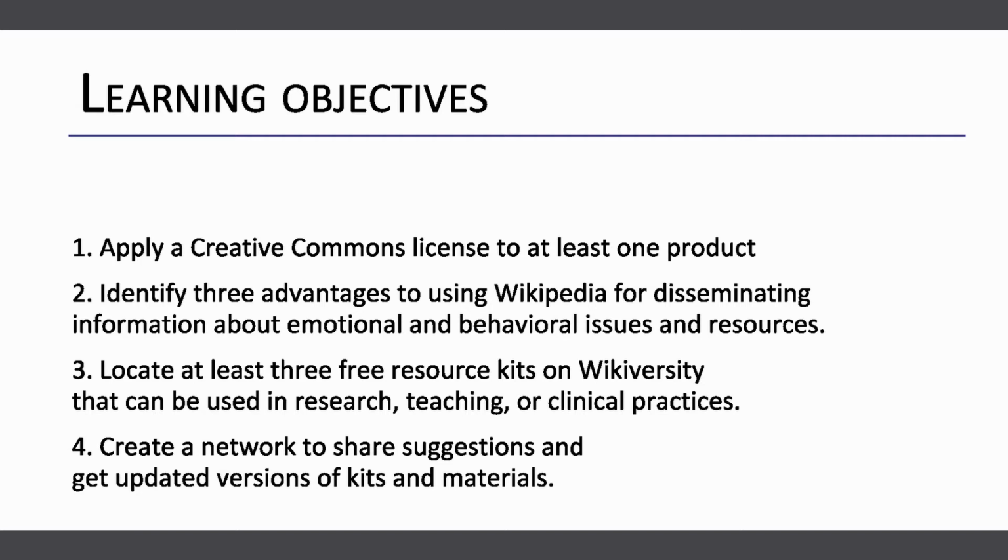I'm also going to talk about ways of using Wikipedia, Wikiversity, Open Science Framework, other free platforms to increase the reach of the things that you're doing. Show you some different resource kits and examples that we've put up on different websites. And I want to build a network. If you're intrigued or interested, I want to build a list of who wants to stay involved or who wants to learn more and keep the conversation going after today.